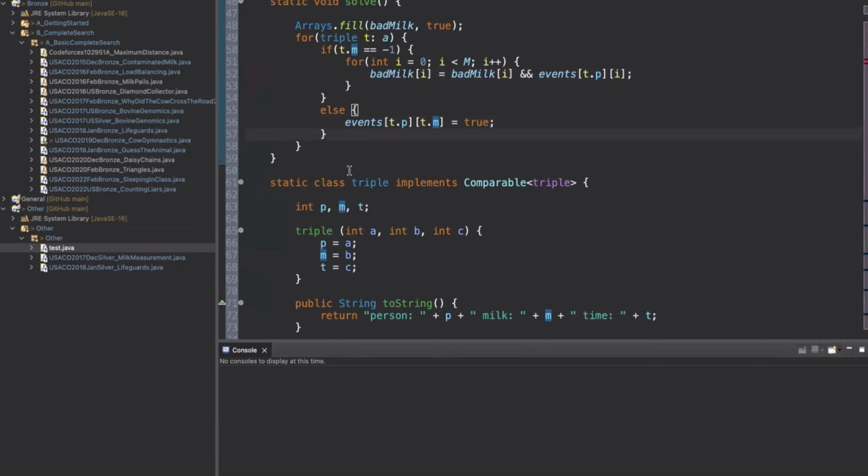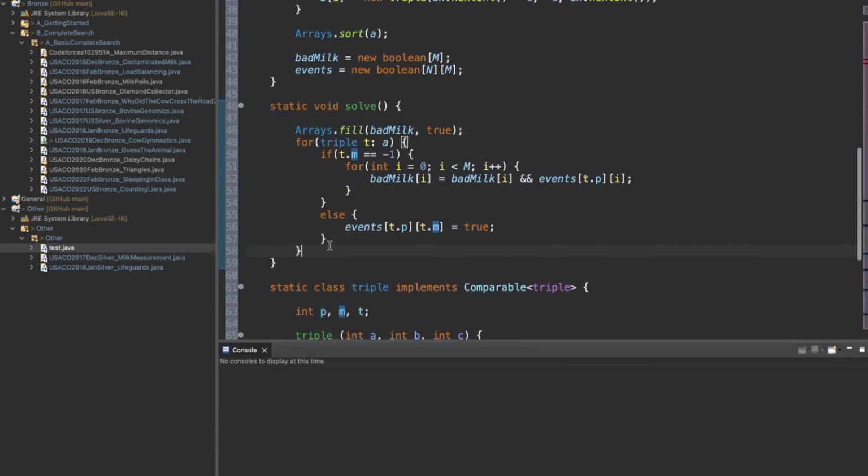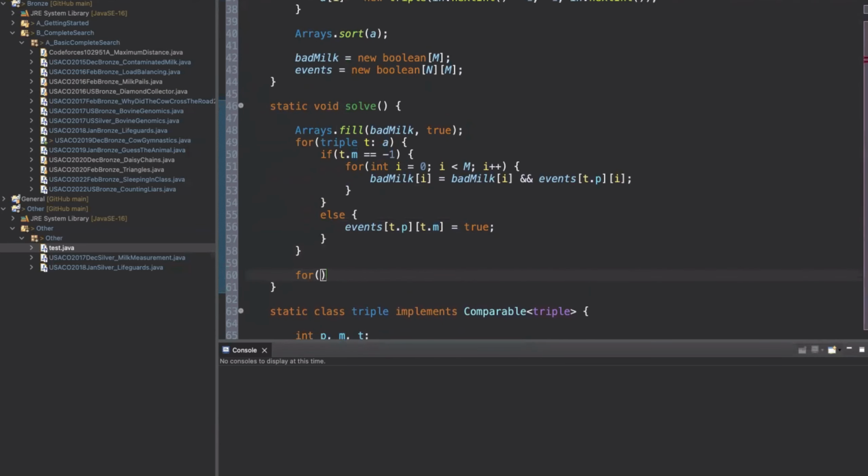And then after we loop through all of the events in the array of triples, we have to loop through the milks again.